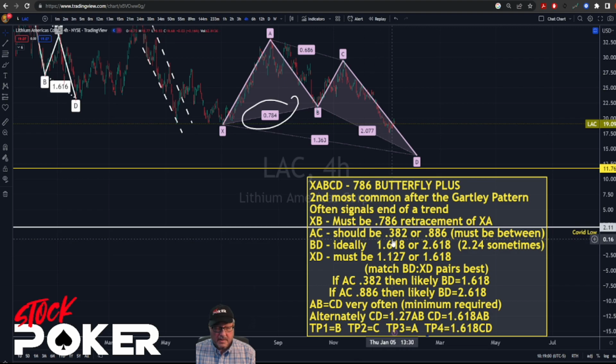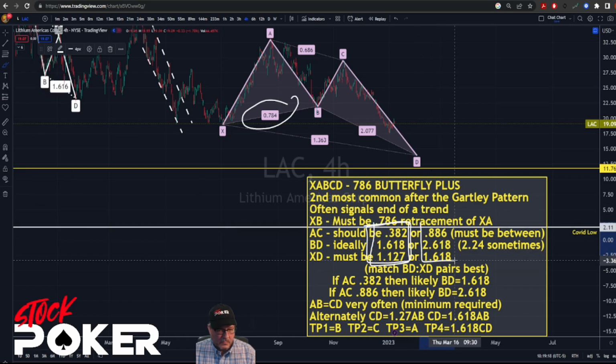And if it actually pairs with the 382 on the AC, let me see if I could draw this on top of this. So if these right here all pair up, that is mucho grande. And likewise, if the 886, the 2618, and the 1618 on the AC, BD, and XD legs or ratios happen to pair, it's just that much stronger.